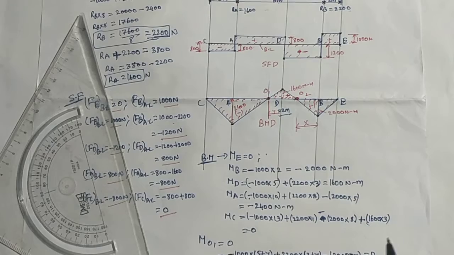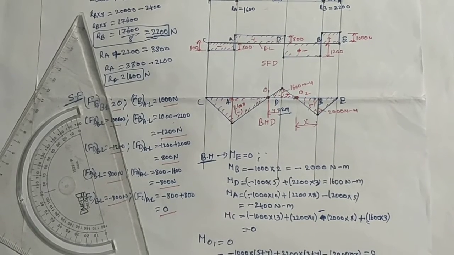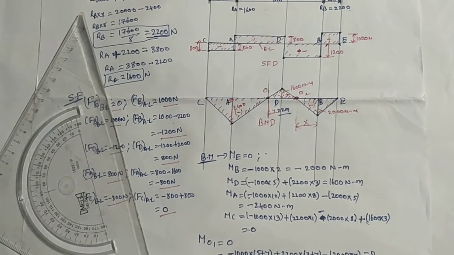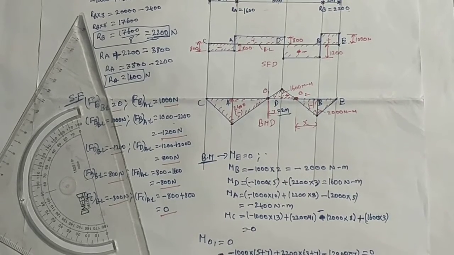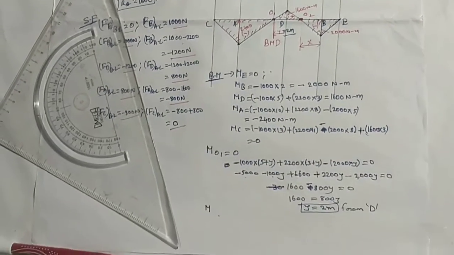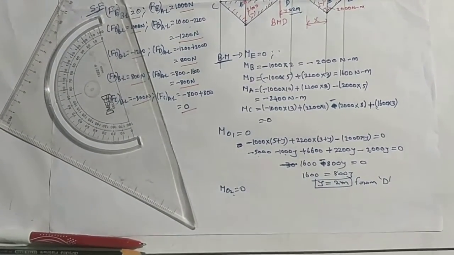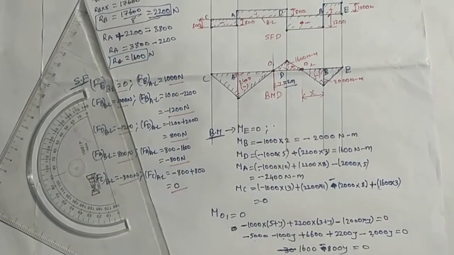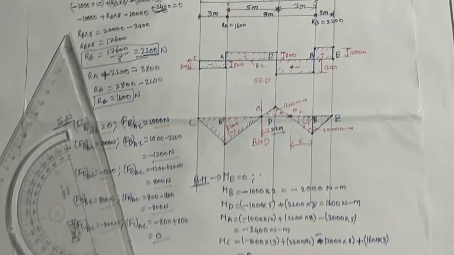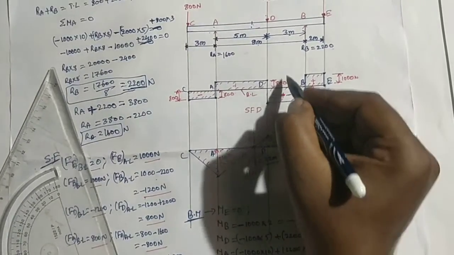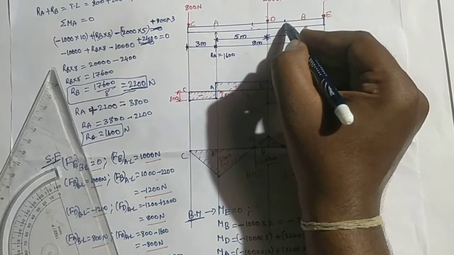Next, we need to similarly calculate the distance of point O2 from point B. The bending moment at point O2 is 0. Suppose approximately O2 is here.